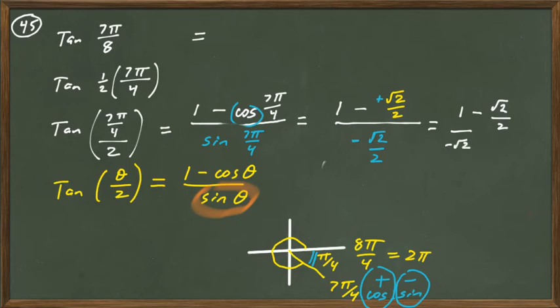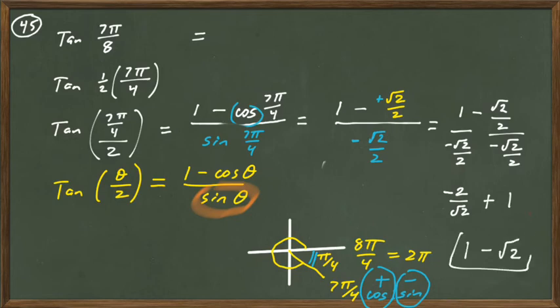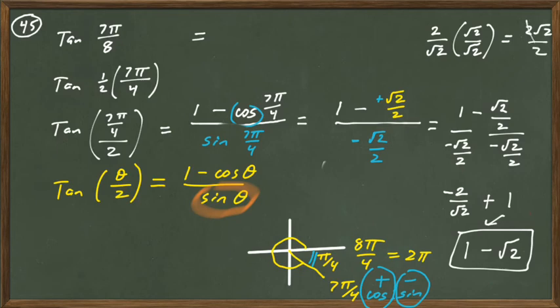A negative radical 2/2. Does that sound right? So how do you do 1 over something? Flips it over, I believe. And what's anything divided by itself? 1. So they call this 1 minus radical 2. The 1 goes first, and if you rationalize this, you're not allowed to leave radicals in the denominator until you hit calculus. So what do you have? Radical 2/2, which simplifies to radical 2. Sorry about that. I had the bottom wrong.